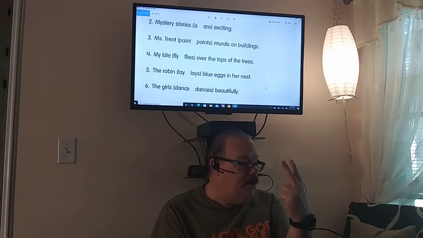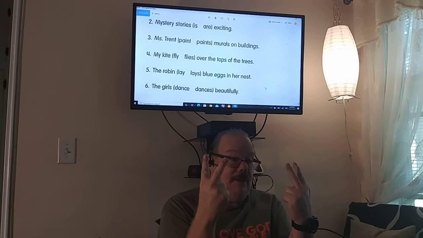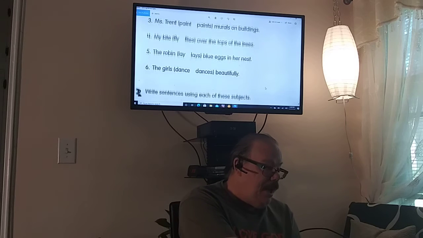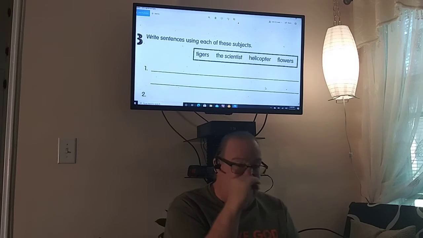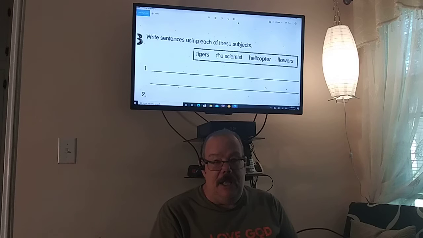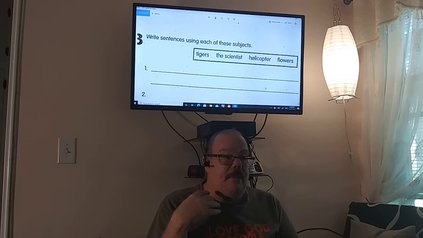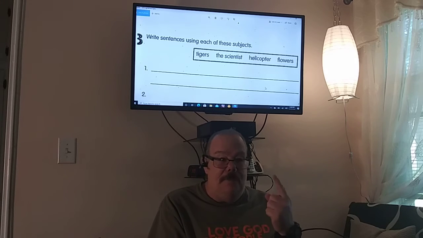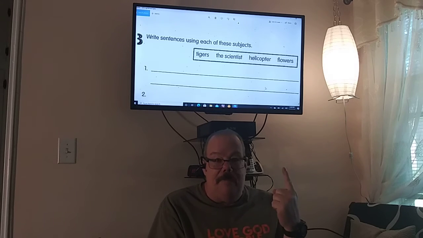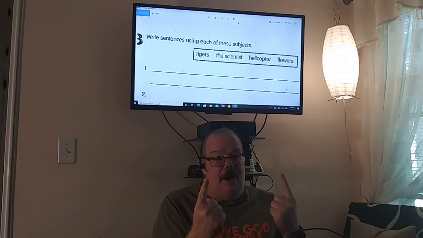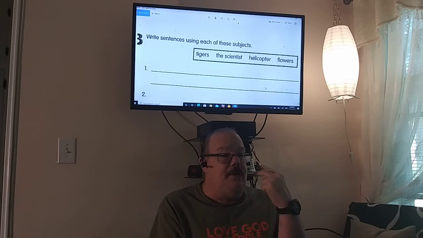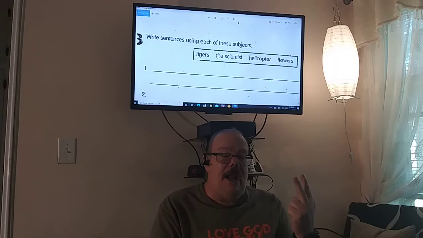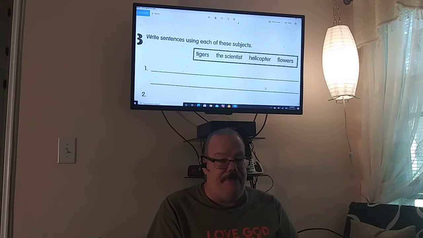The girls dance beautifully. See how it works? I know I did that pretty quickly because I want you to understand how I did it. I looked at the subject, I saw the subject was one, so I knew the verb had to be one. If I saw the subject was two, I knew the verb had to be two.